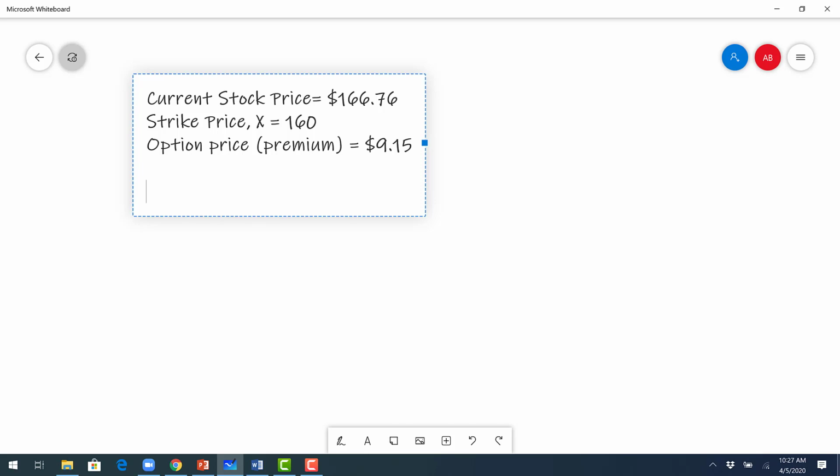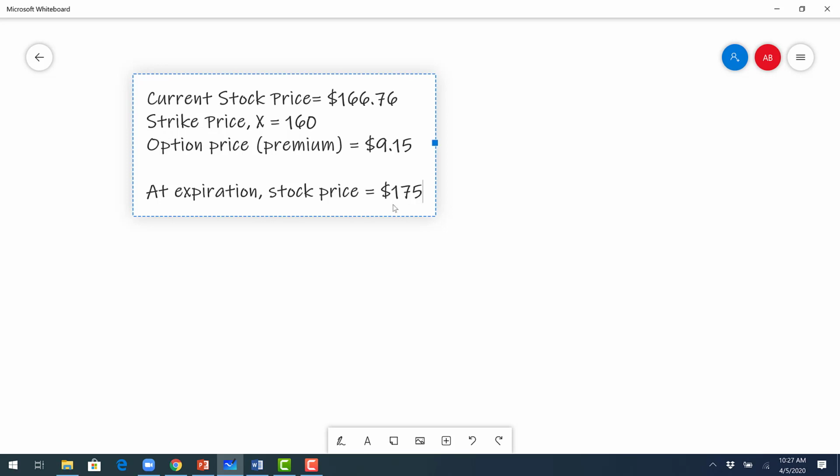Okay, and then let's look at a couple of possible situations here. So let's say at expiration the stock price is 175. So at expiration, the IBM stock price has gone up. It was 166.76 when you established this option position, and now it is 175.